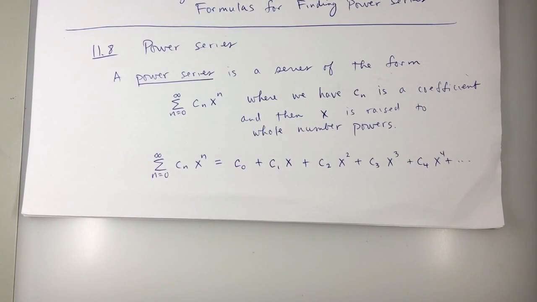So this is a power series. The power series I wrote right here is a power series that's centered at 0. So I'll kind of talk about that a little bit today as I do some problems.